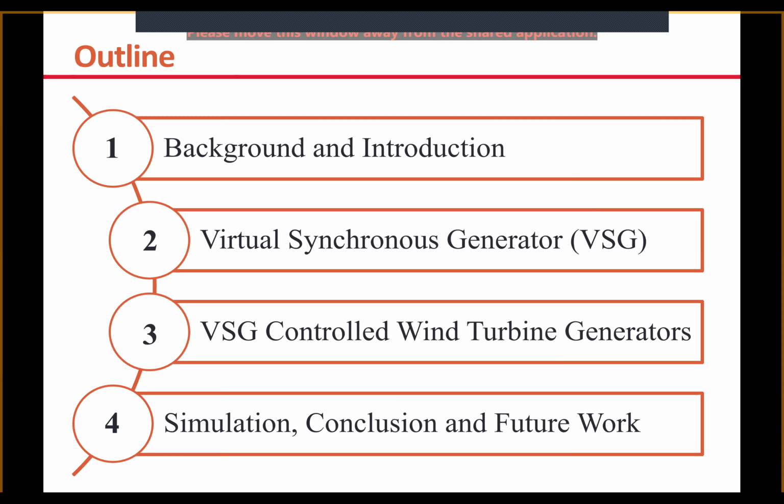Part 1, background and introduction. Part 2, virtual synchronous generator, or VSG. Part 3, VSG-controlled wind turbine generator. And part 4, simulation, conclusion, and future work.